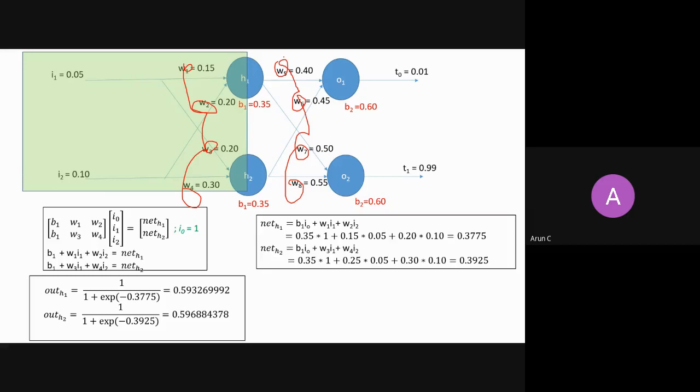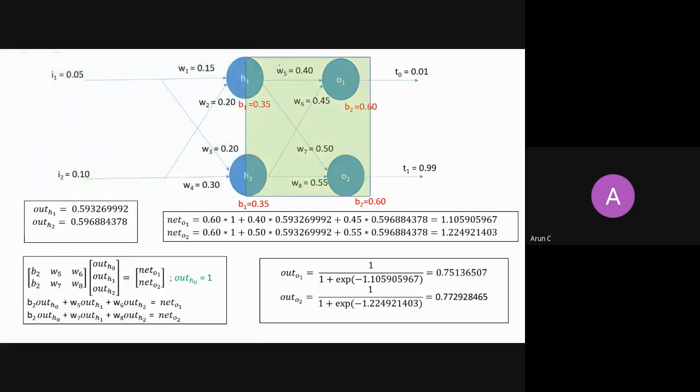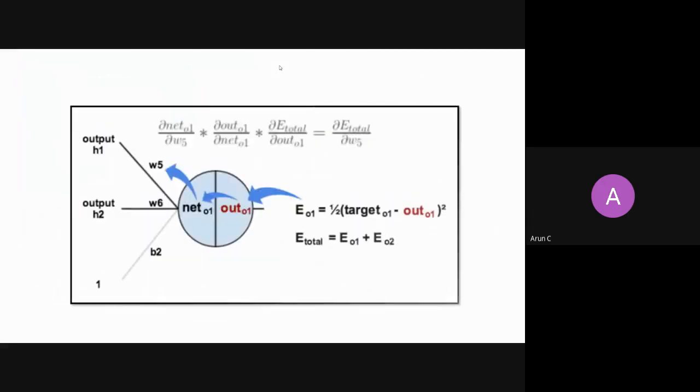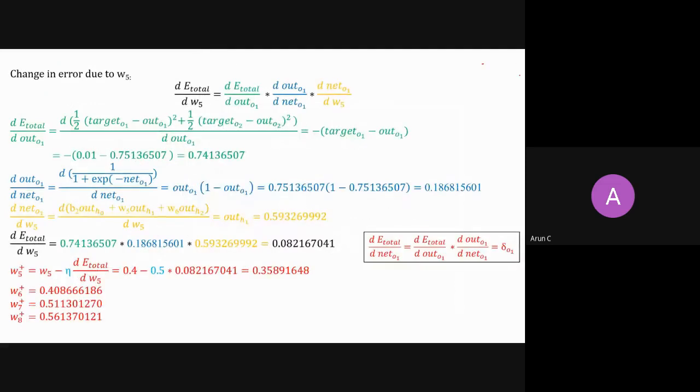So we are just taking a derivative with respect to W5 first. So this was my output layer. This is W5, W6, W7, and W8, right? So we are taking a derivative with respect to W5 here.